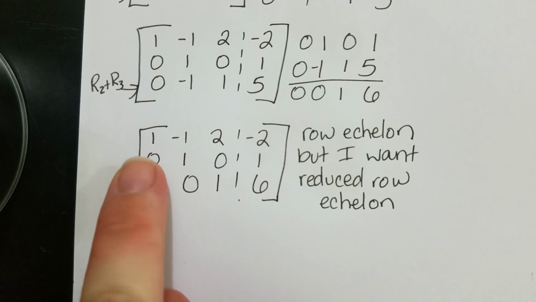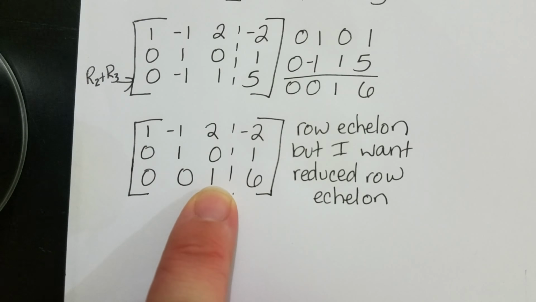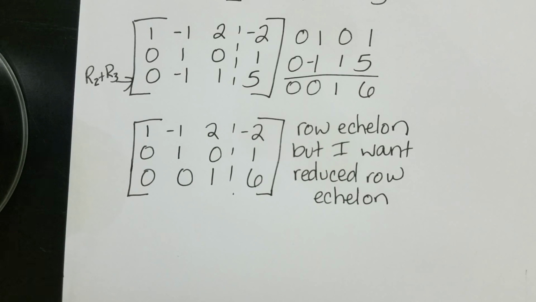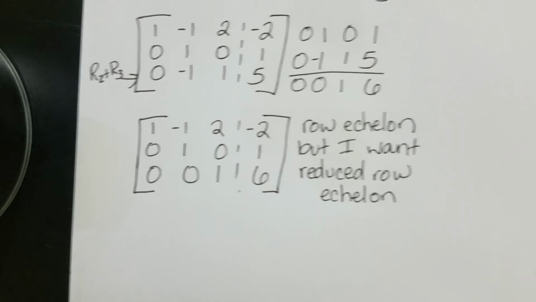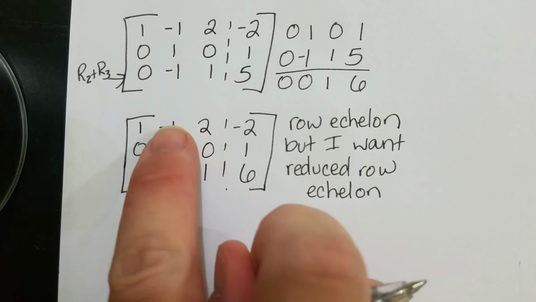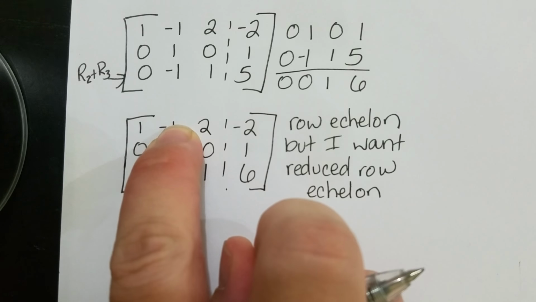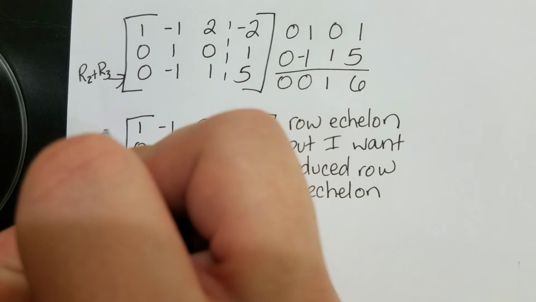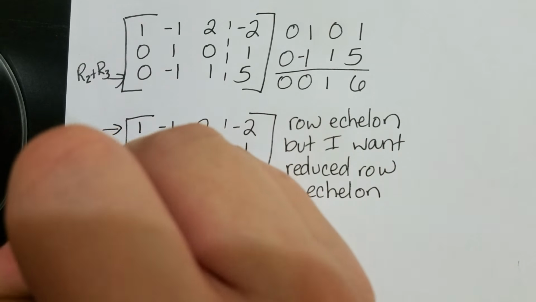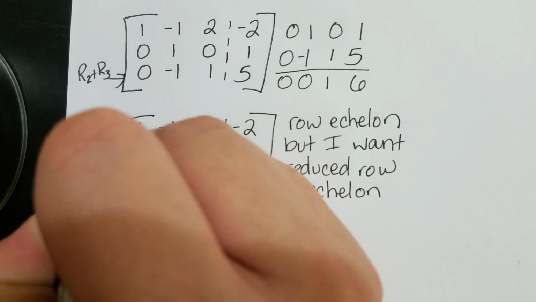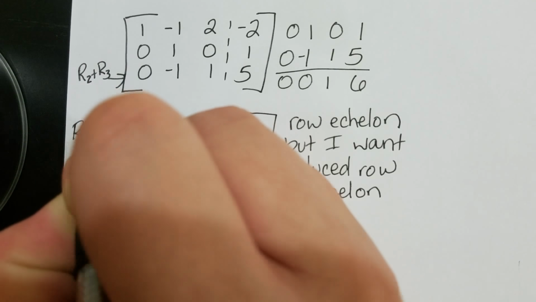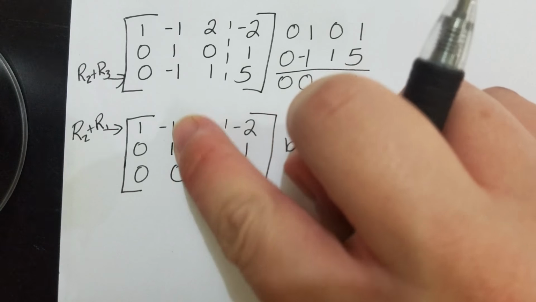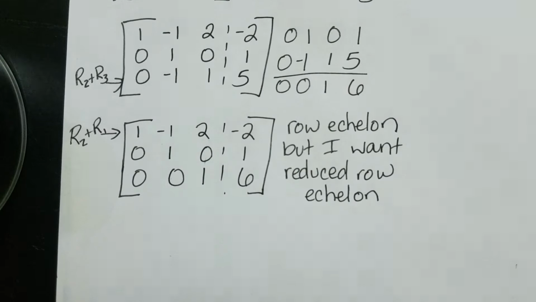So basically it's great that I have these zeros, it's great that I have these ones. I need to get everything else to be 0. So in this case, in order to get rid of this one, I'm going to do row 2 and row 1. Because I see here this is negative 1, so I need to add 1, and then this will be 0.